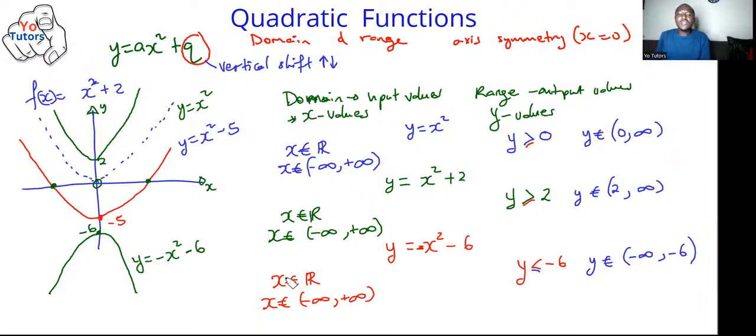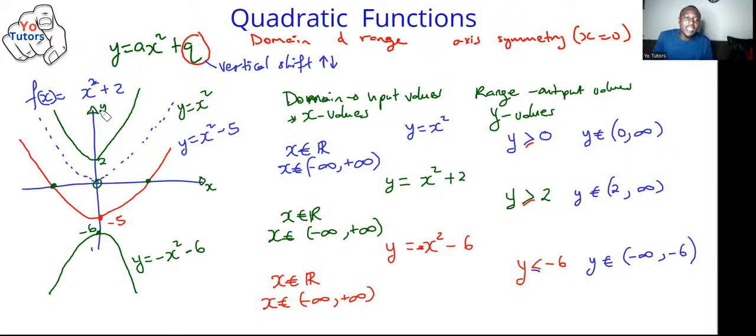Then I just want to also indicate the axis of symmetry. This axis of symmetry is just x equal to 0. In your case now in grade 10, you just need to know that the axis of symmetry is x equal to 0. The axis of symmetry is the line that divides your graph into half, so into mirror images. So here the axis of symmetry is actually x equal to 0.